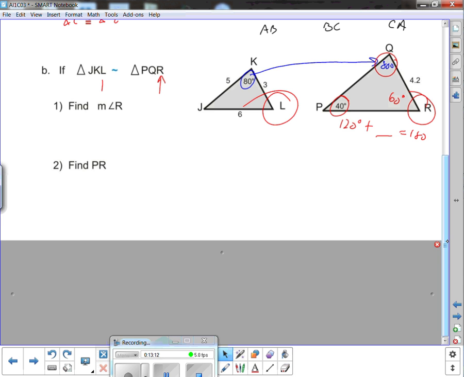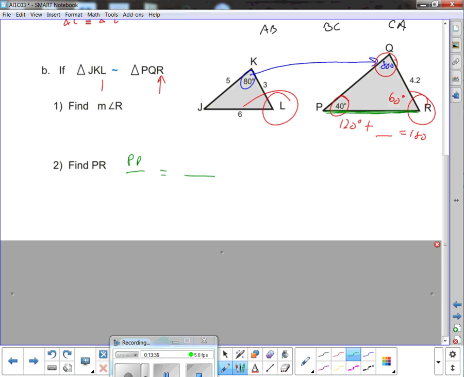Now, in this second question, we've got to find PR. So PR is the distance from P to R, so it's this side right here. So that's what we want, PR. So remember, we're going to use a proportion, and it's always best to put what you're solving for where?